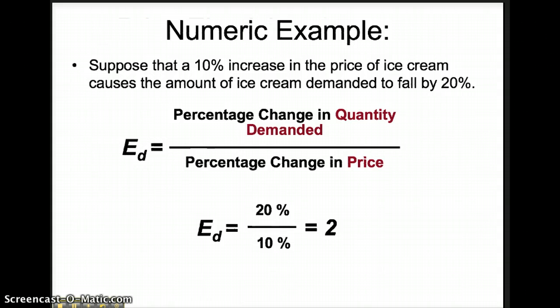Now I'll put in the numbers. There's a 20% change in quantity demanded and a 10% change in price. Therefore, the price elasticity of demand coefficient is 2. Right now, the number 2 doesn't mean anything, but in a few moments, we'll go over the meaning of the coefficient.